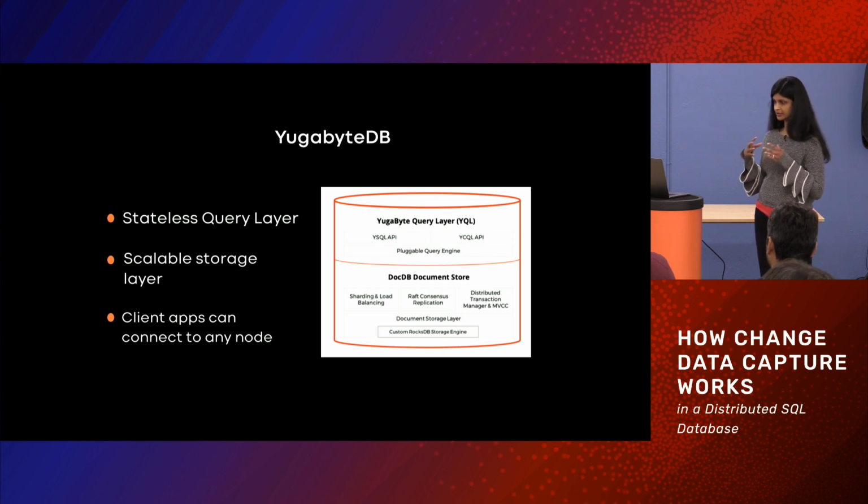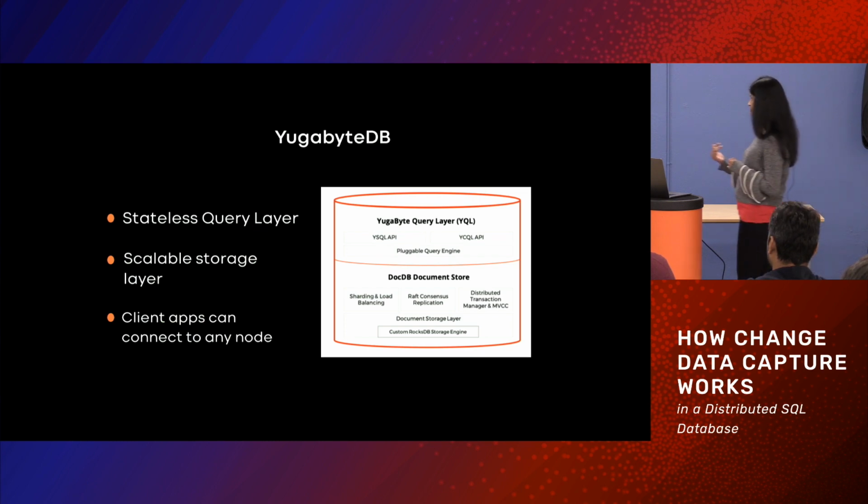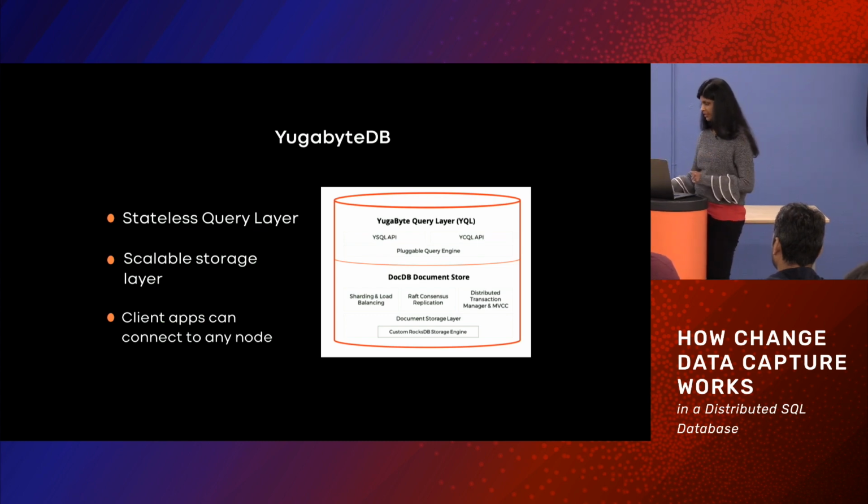And that's the layer that's responsible for sharding your data, storing the data on disk, and taking care of raft consensus to make sure that the data that you're writing is replicated to majority of the nodes. And because your query layer is stateless, your client apps are agnostic of all the sharding and replication that's happening. They can talk to any node in the Yugabyte cluster and get whatever data you have written or read, right?